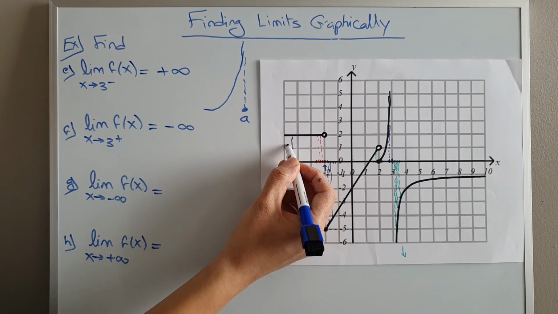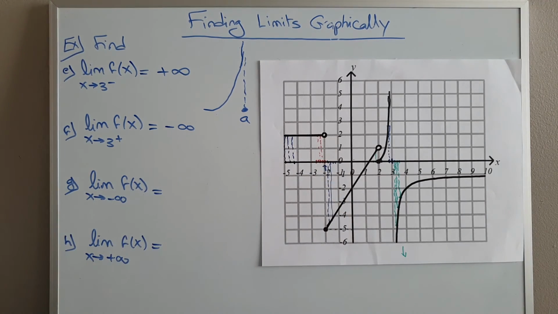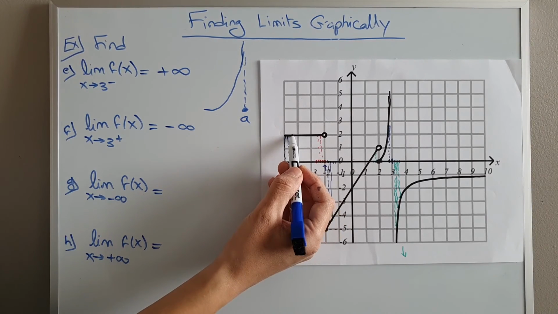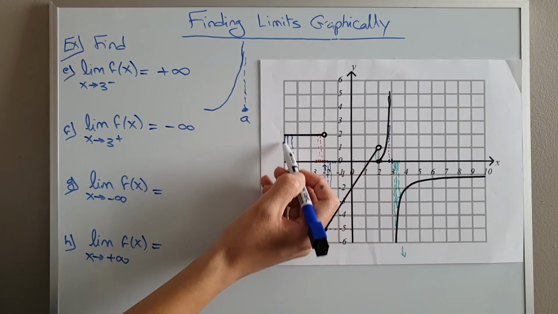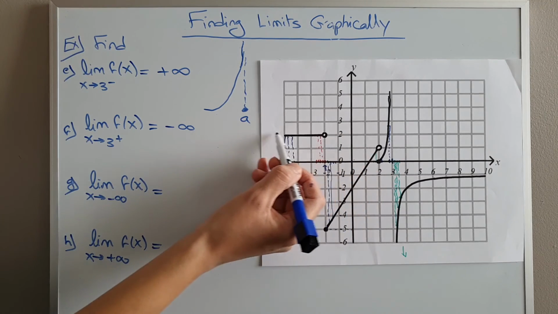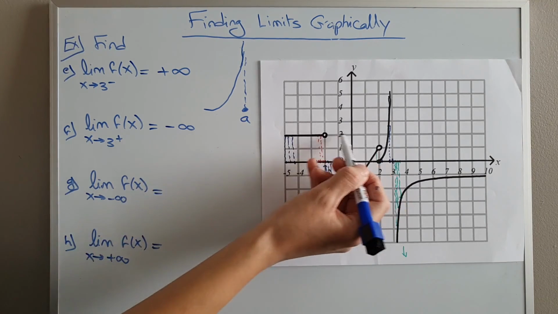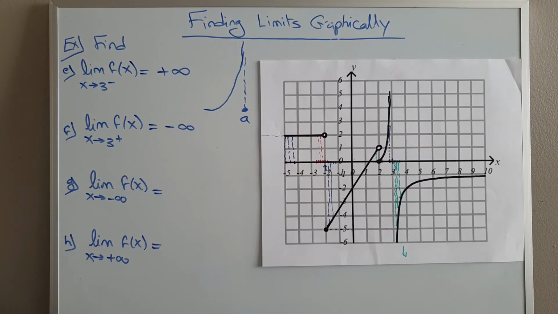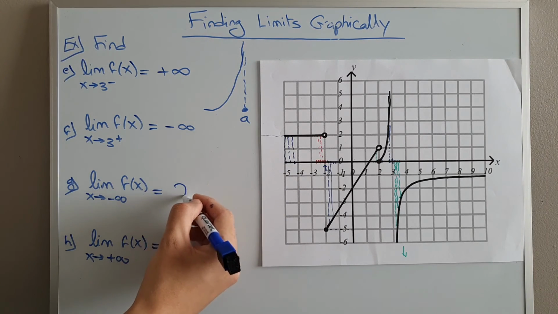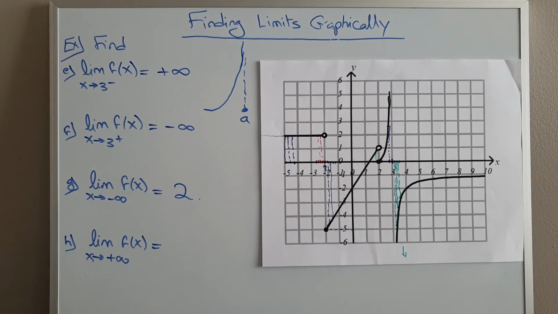Going as far as we can on the graph, you should notice that for this point, the y is 2. For this point, the y is 2. For this point, the y is 2. Since the line is just a horizontal line, the y value is going to be fixed. So even if we extend the graph, it will always be 2, meaning the limit is 2.